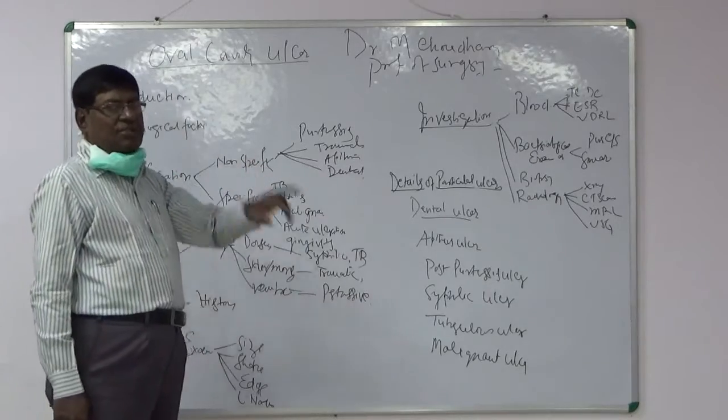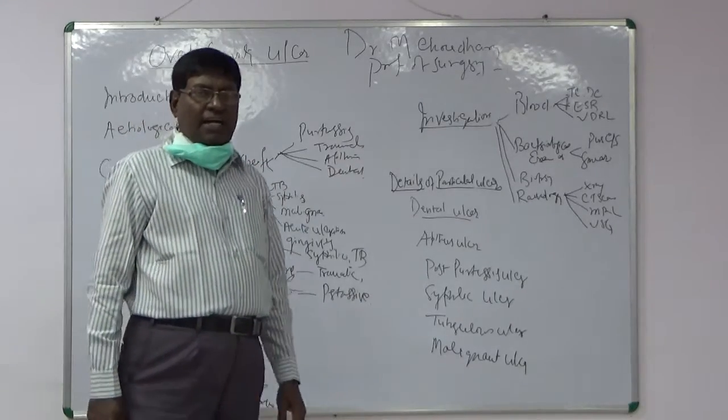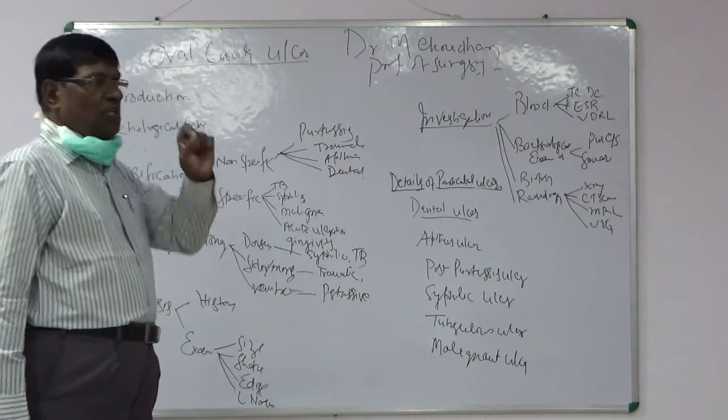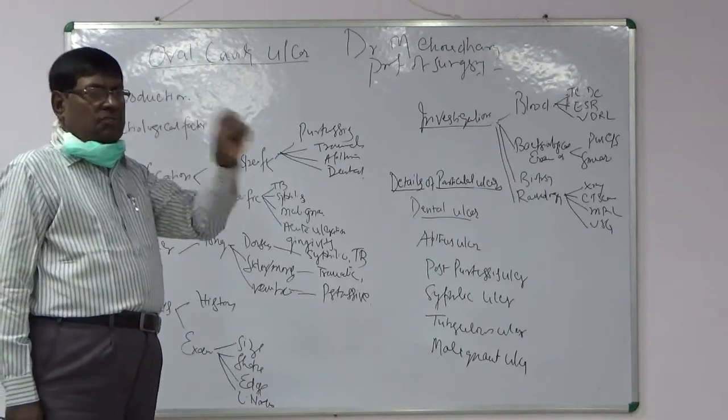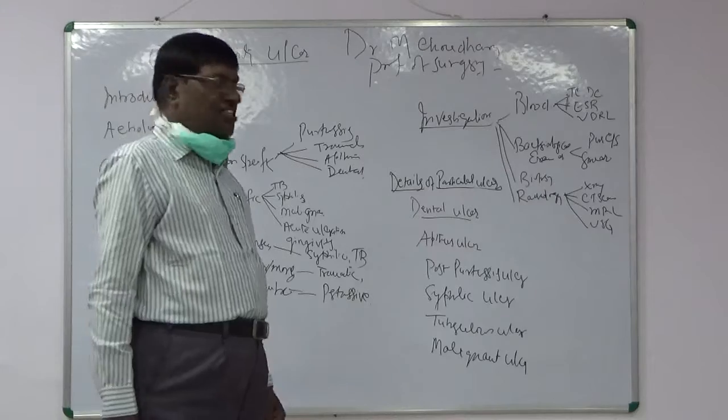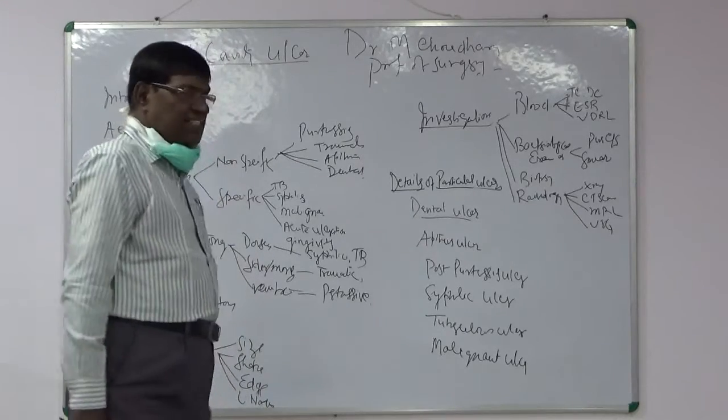Secondary syphilis also causes oral ulcers, that is, multiple small ulcers forming in the buccal cavity in the secondary stage of syphilis.